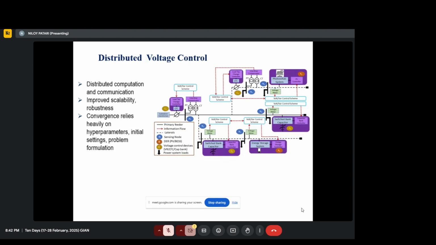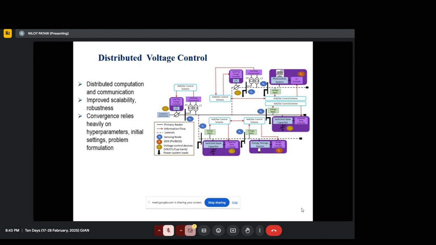And then you have distributed voltage control. As I talked about, you have different agents like switch capacitor banks, load tap changers, PV controllers, and all of them. So in distributed control, you have distributed computation and communication. Distributed computation means that each of the agents is capable of doing computation on its own.